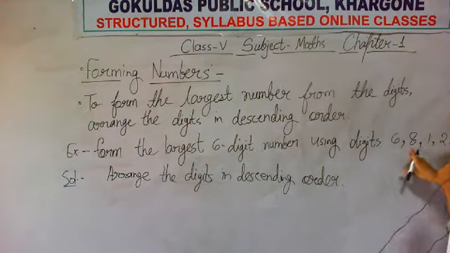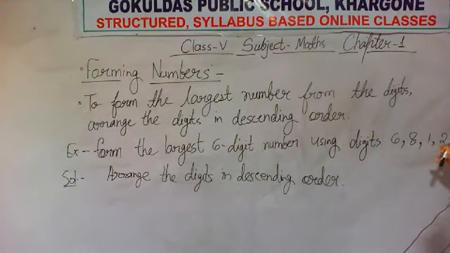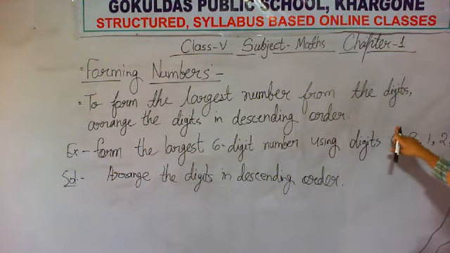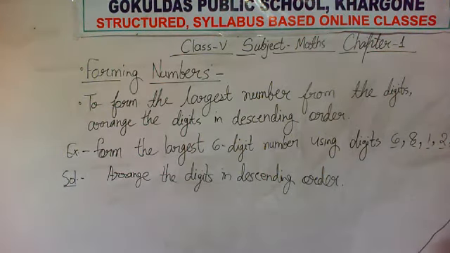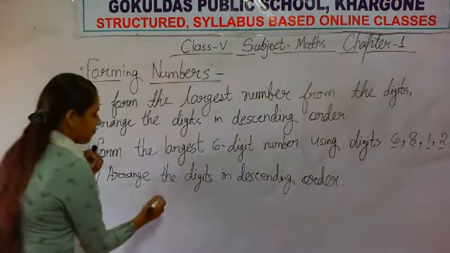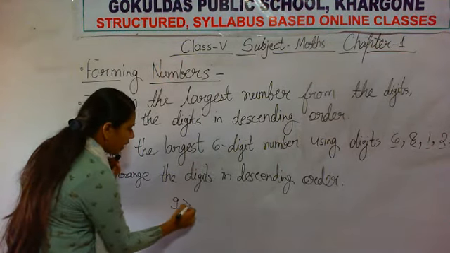So out of these digits 6, 8, 1, 2, 9 and 5, which one is the largest digit? Which one is largest out of these 6? This 9. So in descending order we arrange the largest number first, right?